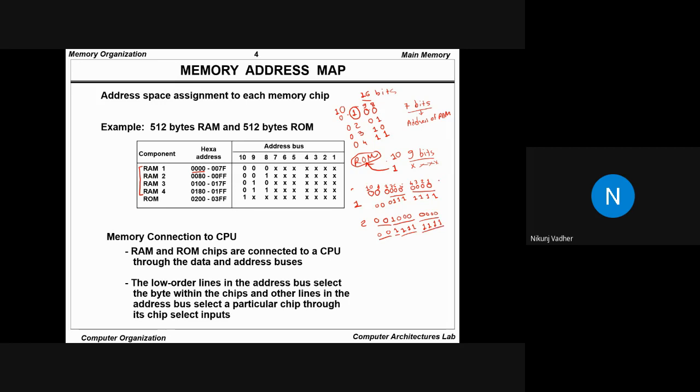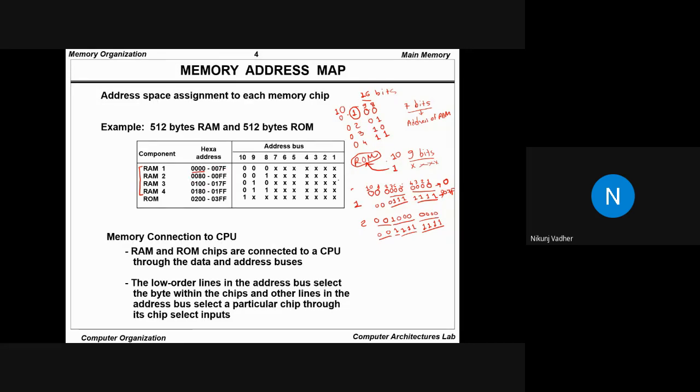So here the starting address is 0 and the ending address is F, 7 and leading 0, 0. So all of it is 0000 to 007F.